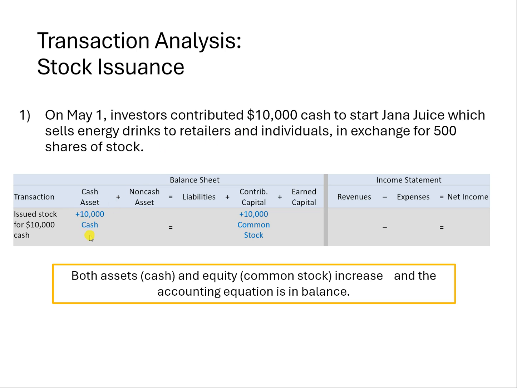On the left side of the equation, assets increase. To make the accounting equation balance, either liabilities or stockholders' equity will increase. Here, for sure, the contributed capital, the equity, will increase by $10,000. So we have an increase on both sides, and the accounting equation is balanced.